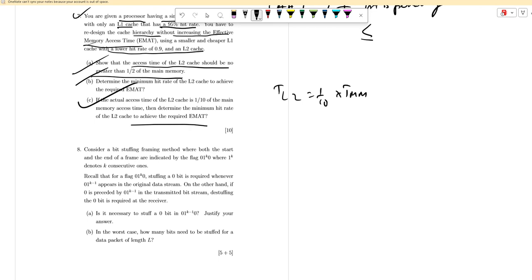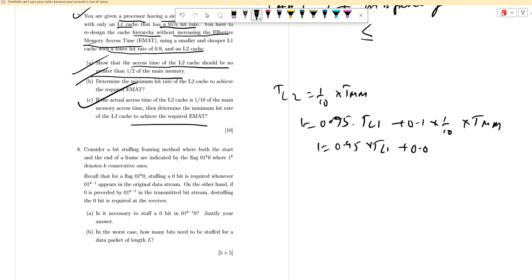Substituting these values into part B, which I have already calculated, 1 equals 0.95 T L1 plus 0.01 T main memory, that is, 1 equals 0.95 T L1 plus 0.1 into 2 into T L2. Now we can solve for H2 using this given hit rate, directly find the value, and solve for H2 as well.